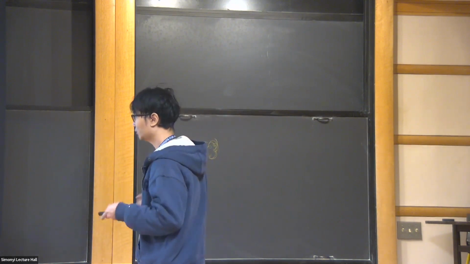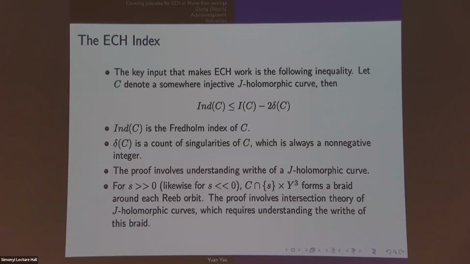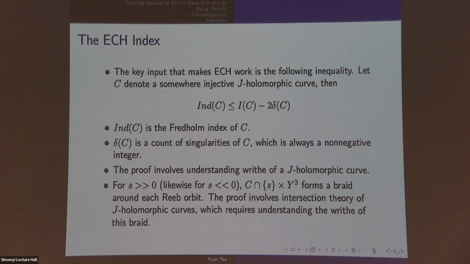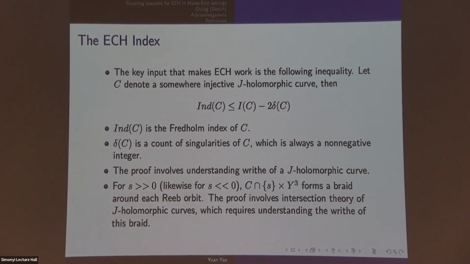And you need to understand the writhe of these braids to do intersection theory. You need to do it because you're doing intersection theory that's going to infinity. So you have to understand how the curves are behaving at infinity. That's what goes into this proof.